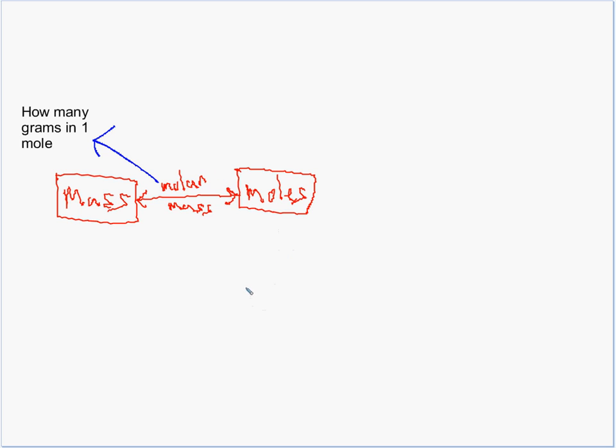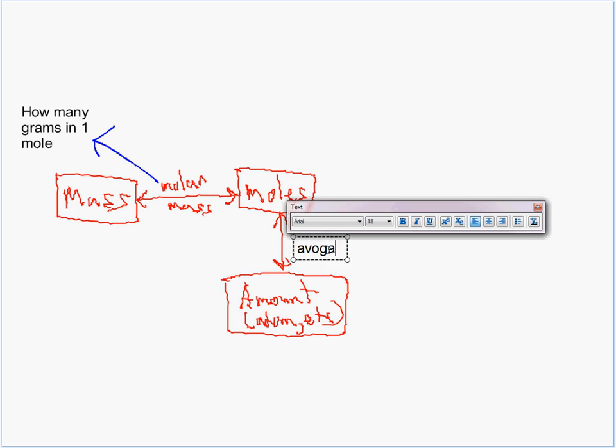Alright, what if I want to find an amount? Right, that's like atoms, molecules, all that. Well, if I want to find an amount, I convert using Avogadro's number. Avogadro's number, which is 1 mole equals 6.02 times 10 to the 23rd.